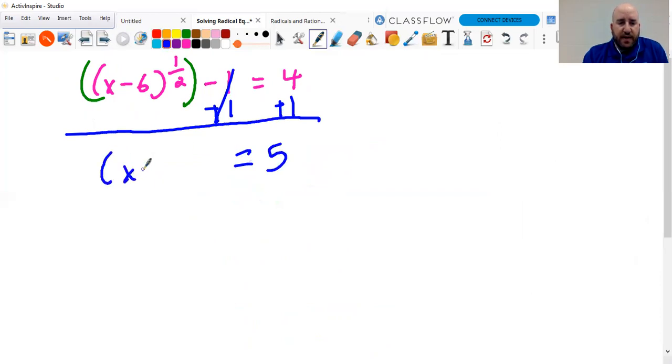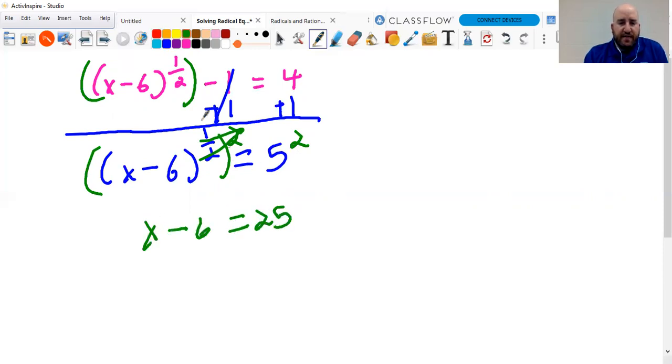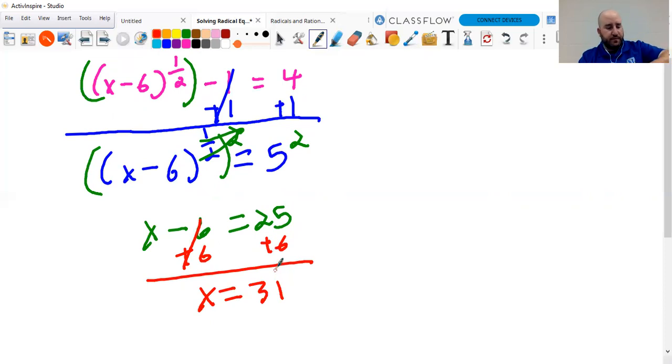X minus 6 to the 1/2 power equals 5. Again, 1/2 is the same as the square root, so I would square both sides to cancel it. X minus 6 is equal to 25. Add 6 to both sides. X equals 31. So there's that.